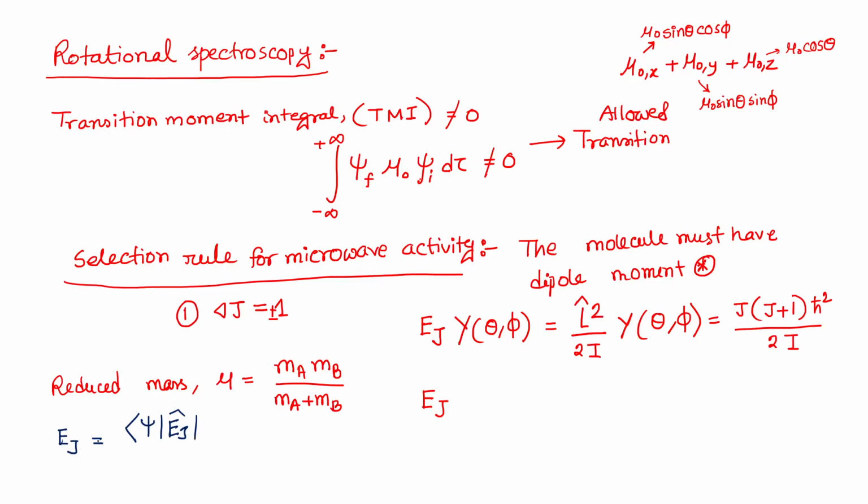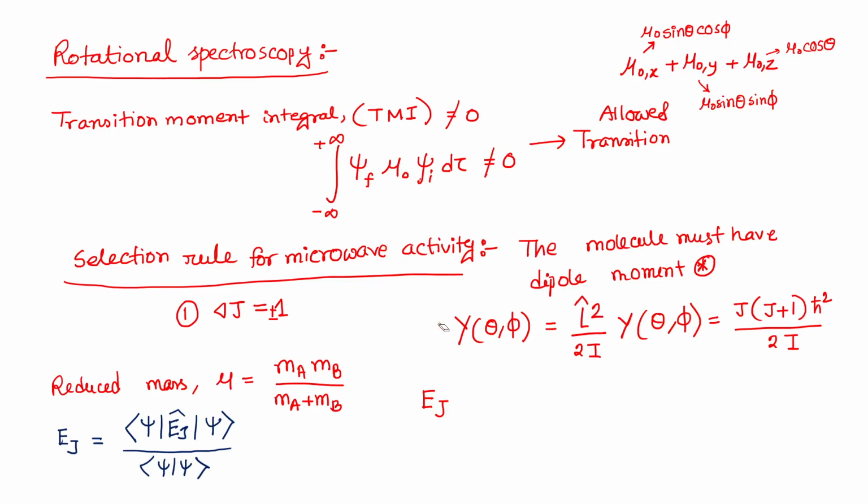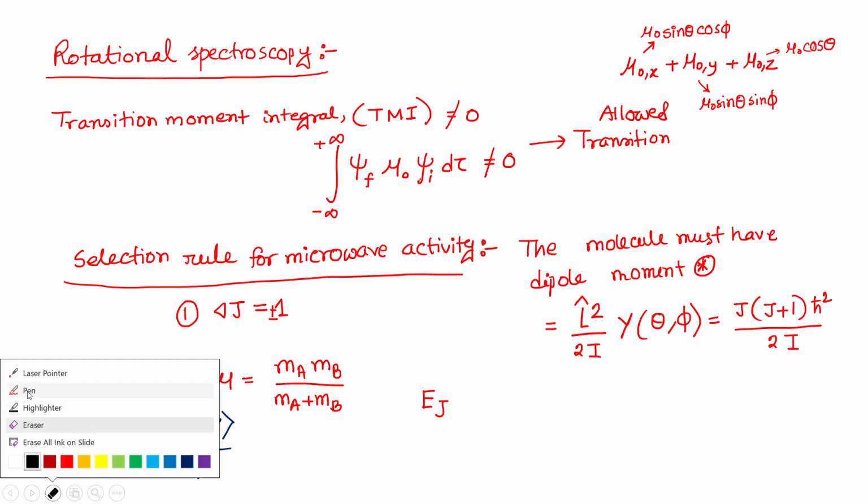That is going to give you the value, and you don't know if your psi is normalized or not. For that, you use this. That is known as the measurement theorem, how you measure it.